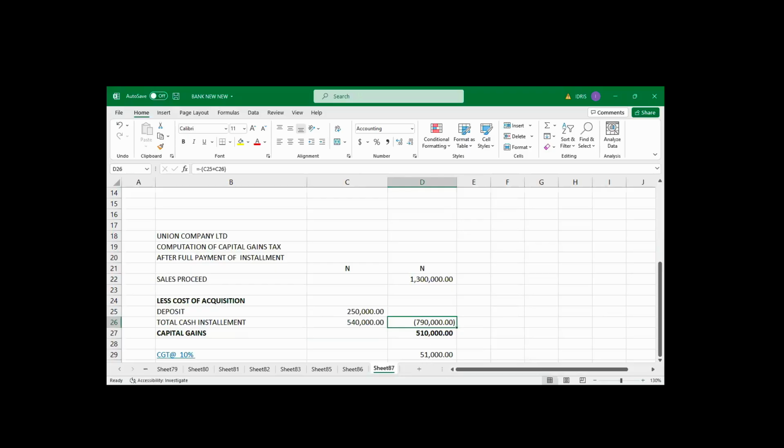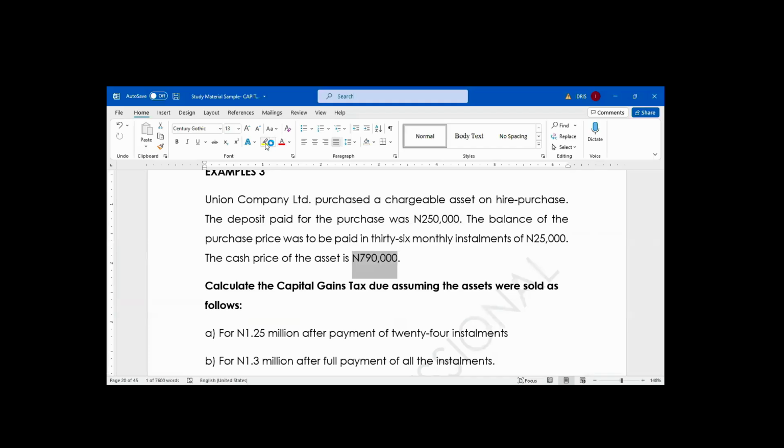In the question, the cash price is 790. So the cost of acquisition still remains the cash price when all the installments have been fully paid. So 1.3 million minus 790,000, you get 510,000, at 10%, 51,000. Do we understand?